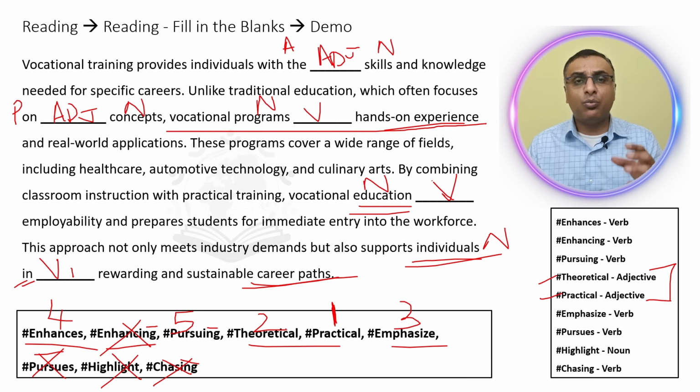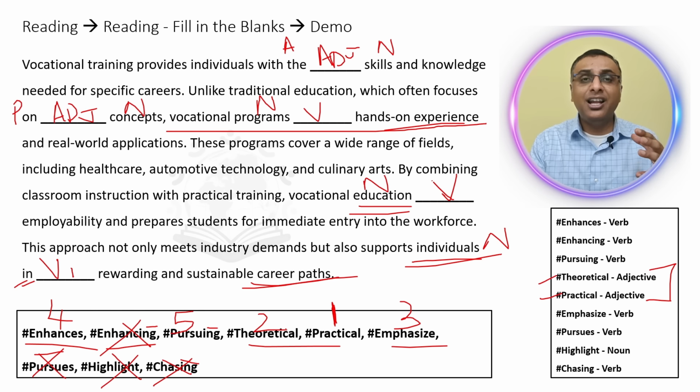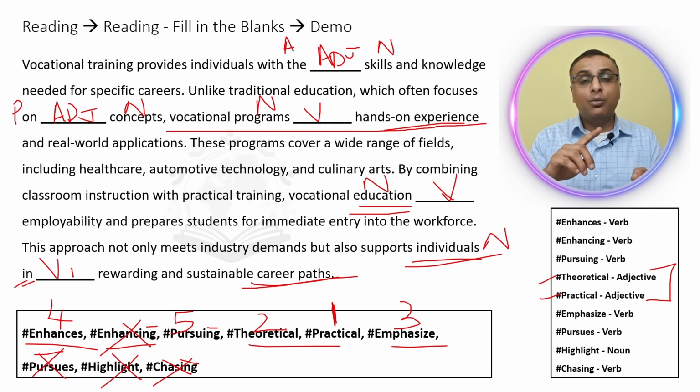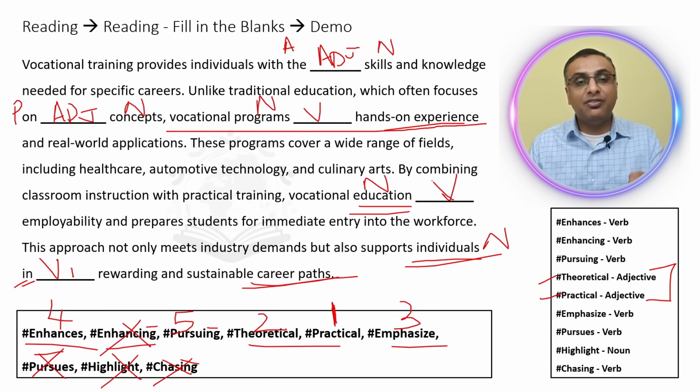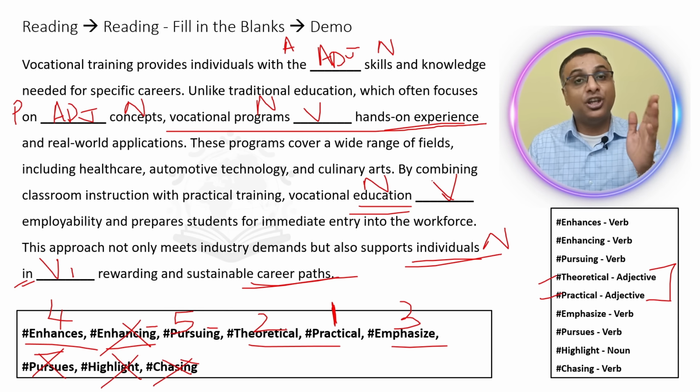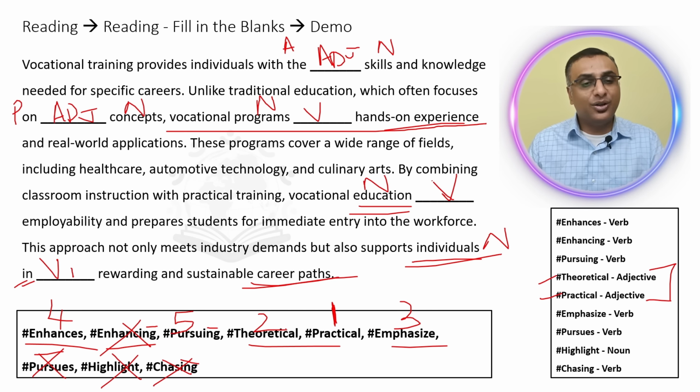Concepts are something that are theory based. So that is why straight away, even if you don't know how to identify these two blanks in terms of context, you can straight away put the second blank as theoretical, because dash concepts, theoretical concepts, and the first blank is practical. So these are the answers for your fill in the blanks question in the reading module.